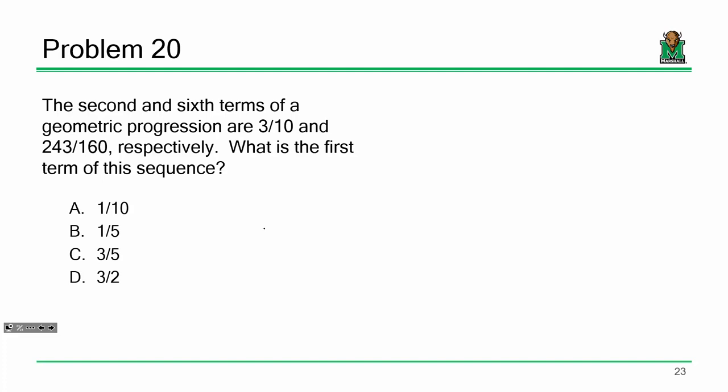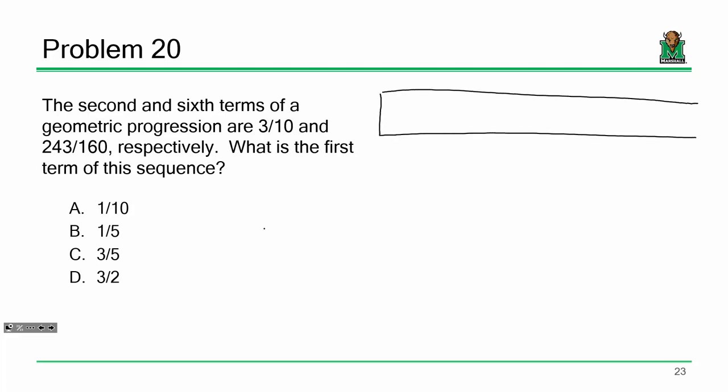It says right here, second and sixth terms of a geometric progression are 3/10 and 243 over 160. So what's the first term? So what we've got is, if you want to draw this out, you can. 1, 2, 3, 4, 5. Geometric.